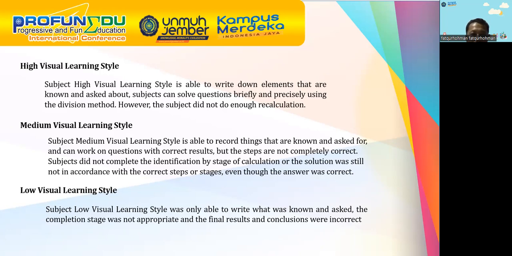In the medium visual learning style, the subject is able to record what is known and asked and can work on questions with correct results, but the steps are not completely correct. The subject did not complete the identification and the steps of the calculation or solution.